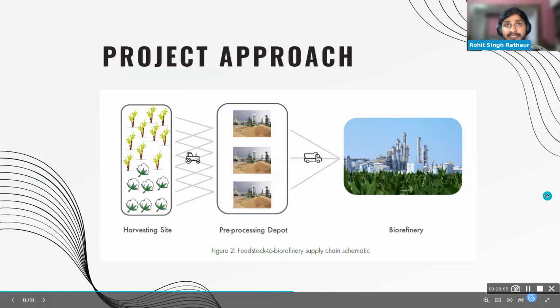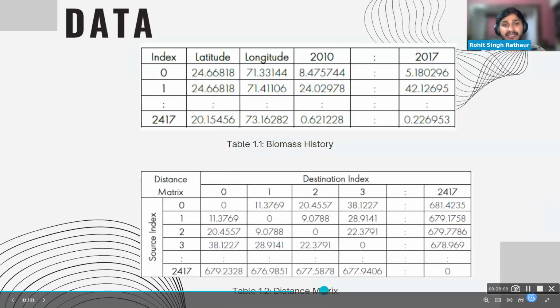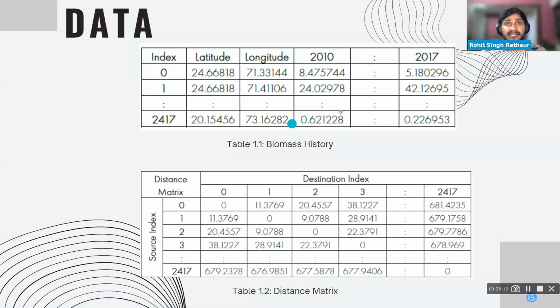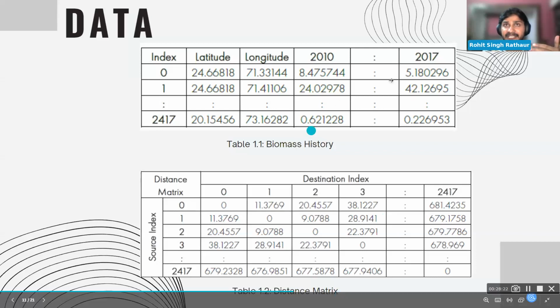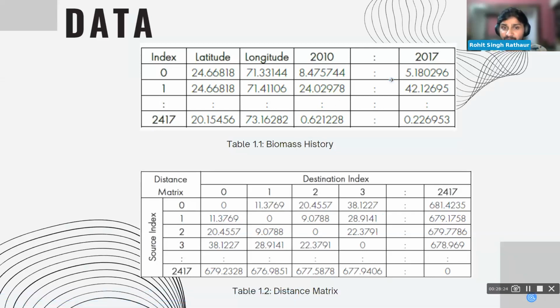Okay, so now we had some data around it. Table 1.1 represents a time series of biomass availability in the state of Gujarat from the year 2010 to 2017.